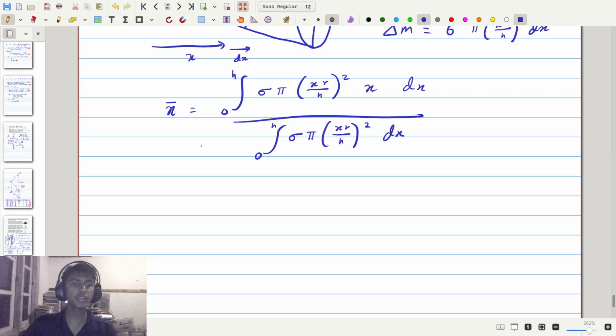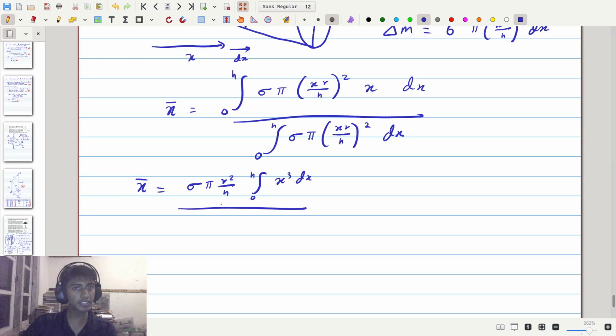Considering these two integrals, we can see there are a lot of constants inside both of them which you can take out. Taking them out, the top integral has sigma pi, and if we expand this, we also get r squared divided by h squared. So we have sigma pi r squared over h squared times the integral from 0 to h of x squared times x dx, which is x cubed dx.